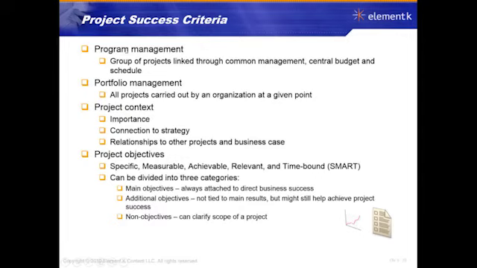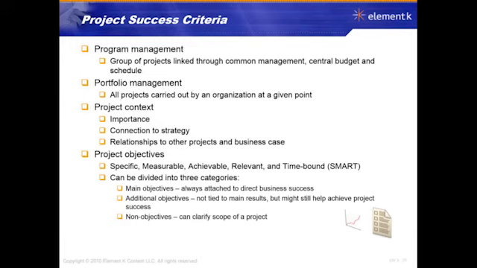But also, in the overall picture, program management: how many projects do we have that are under a common management, a common budget, a common schedule, that all come together to support some business need, some business unit. Then we have a concept called portfolio management, all the projects that the organization has going on at one time.